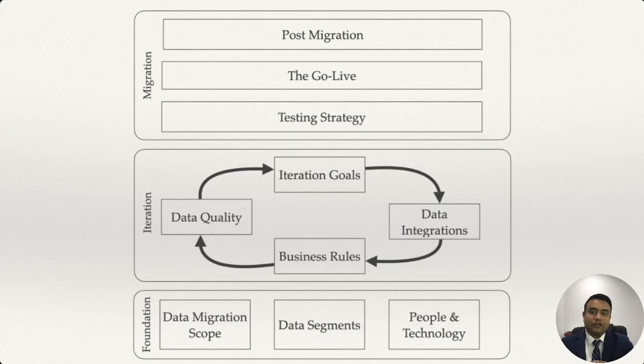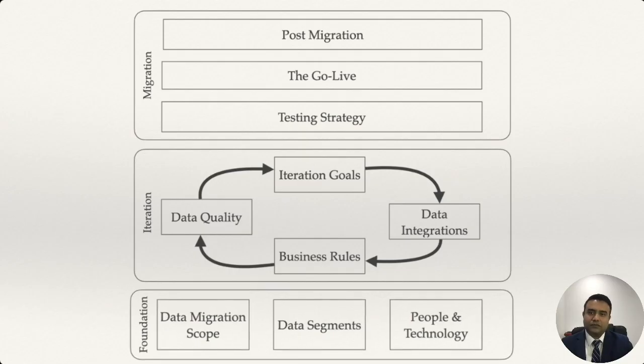After getting the foundation and iteration right, you move to the last phase of the project, that is, migration, which includes 3 components: testing strategy, go live, and post migration. These 10 components together ensure a smooth and robust data migration on the cutover day.